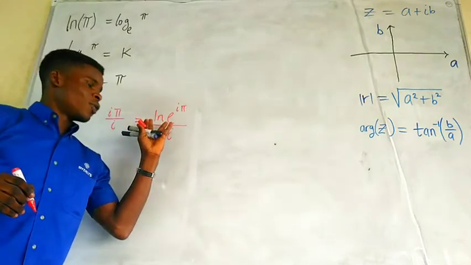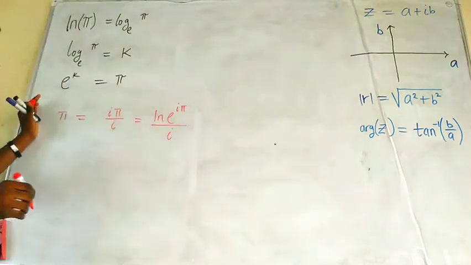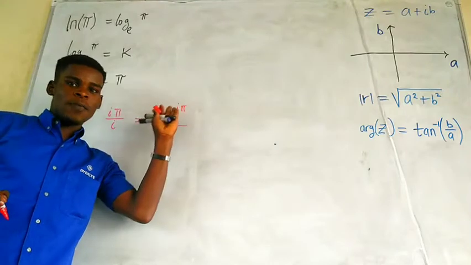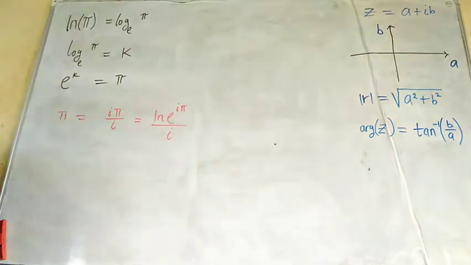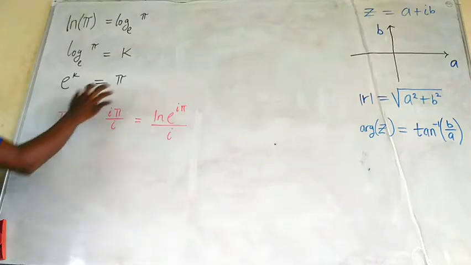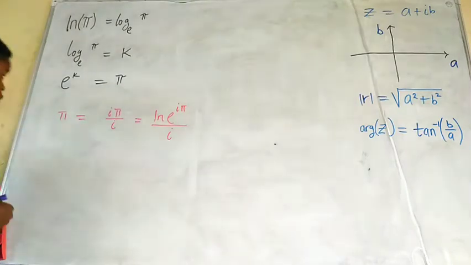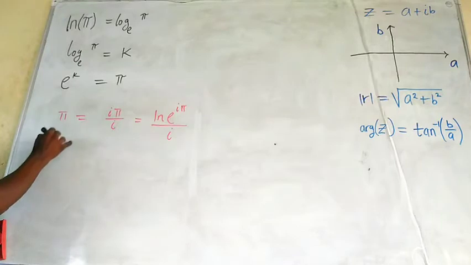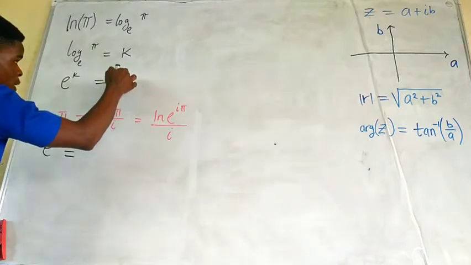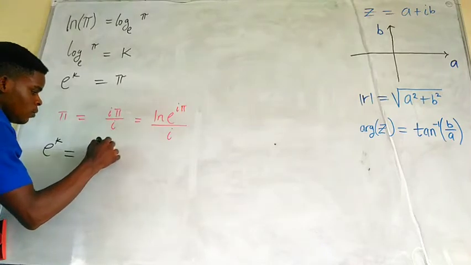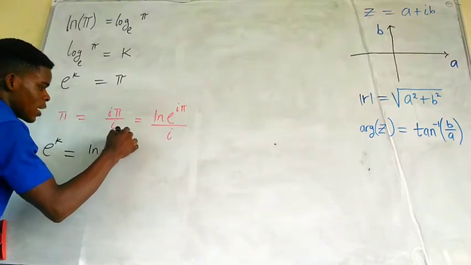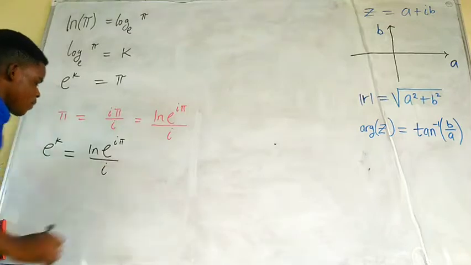So we now know that pi is the same as ln of e to the i pi, divided by i. Knowing this, in place of pi here, I can write this out. So we have e to the k power equals ln of e to the i pi divided by i.